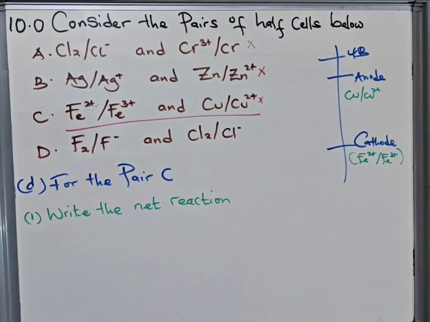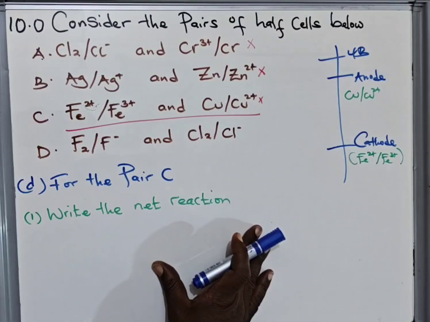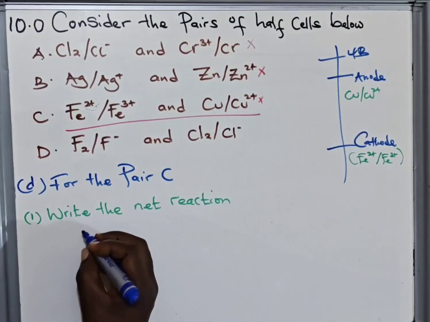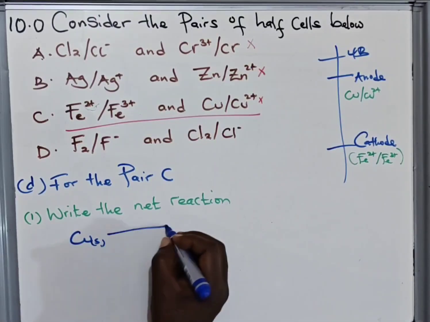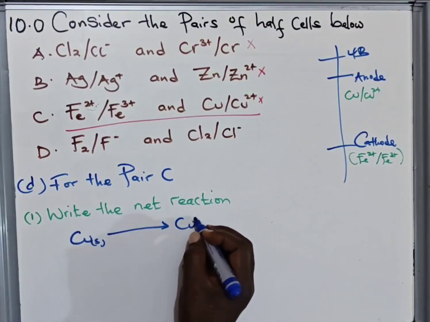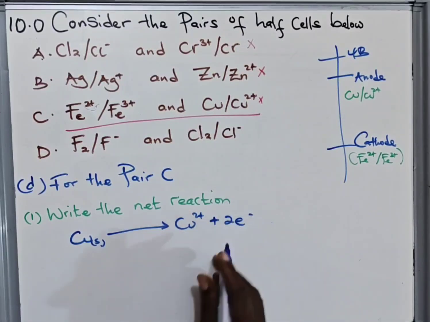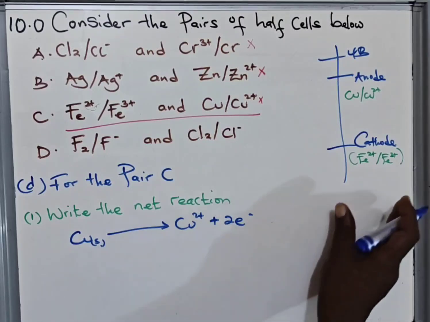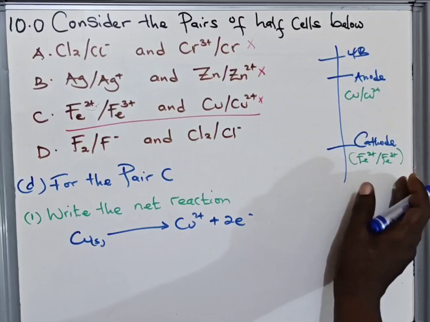Okay. So after that, what is next? Next is to have the half reactions. So the one for oxidation is copper. So it's going to be copper solid undergoing oxidation to copper 2 plus and 2 electrons. Then the one for reduction is going to be this iron.